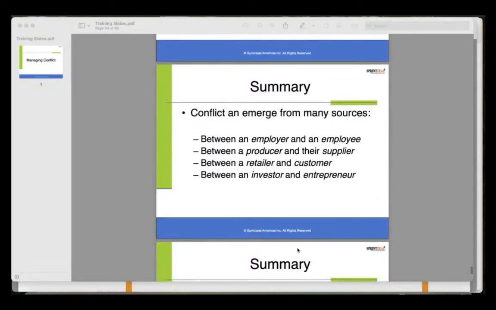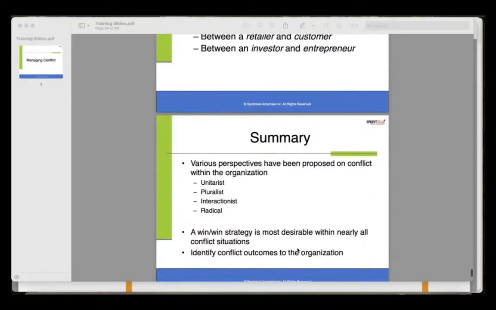Then we have discussed that conflict emerges from many sources. What are the sources? Between employer and employee, producer and supplier, retailer and customer, and investor and entrepreneur. Then we have discussed various perspectives that have been proposed on conflict within the organization: unitarist, pluralist, interactionist, and radical.